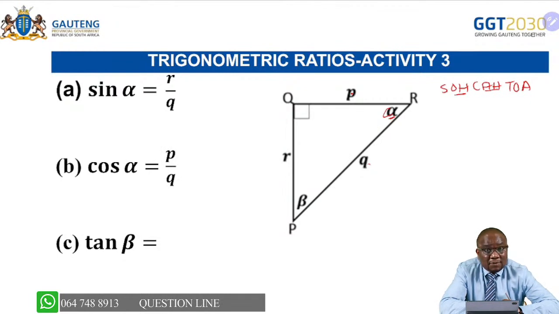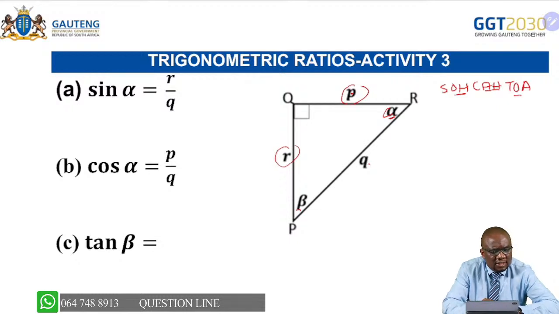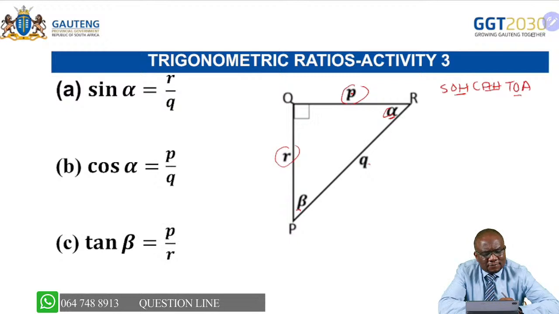Let's go to tan beta, angle beta now. The tangent is opposite over adjacent. Opposite is P, adjacent is R. So it's going to be P over R. Did you get it right? Good, let's move on to the next one.